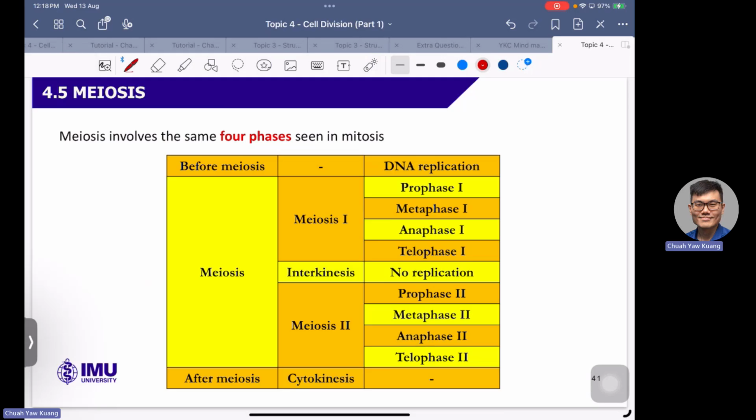During this time, the cell will grow bigger, increase in protein and also organelles, so that they can be further divided. Okay? So during this time, please remember there's no replication of the DNA. Interkinesis, when they are going for meiosis 2, there is no replication of the DNA.